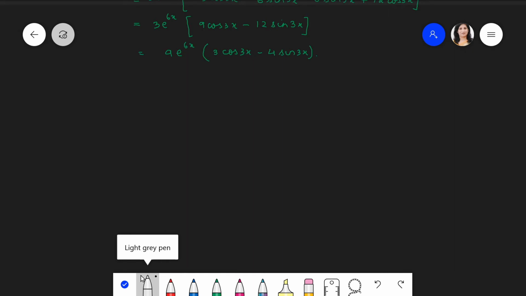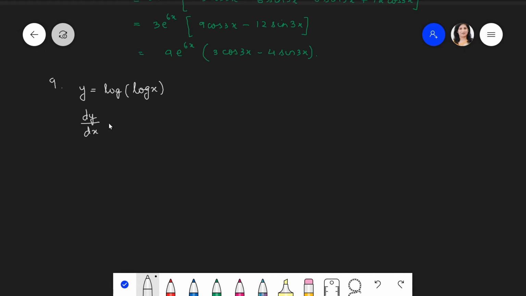The next question, let us try question number 9. Y is equal to log x. So on the right side we have a composite function.